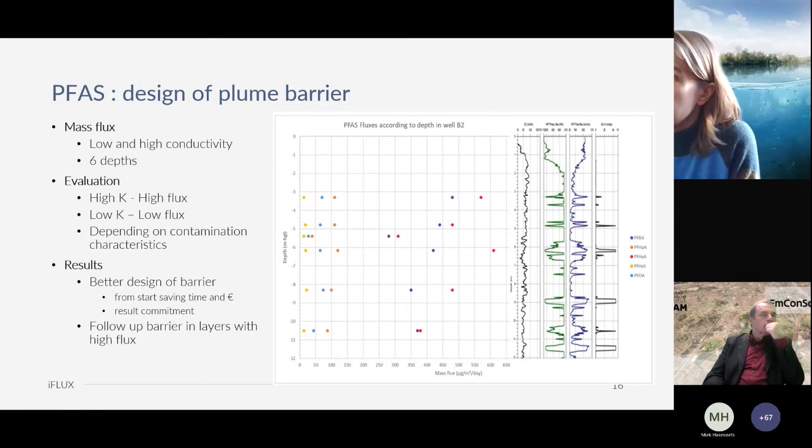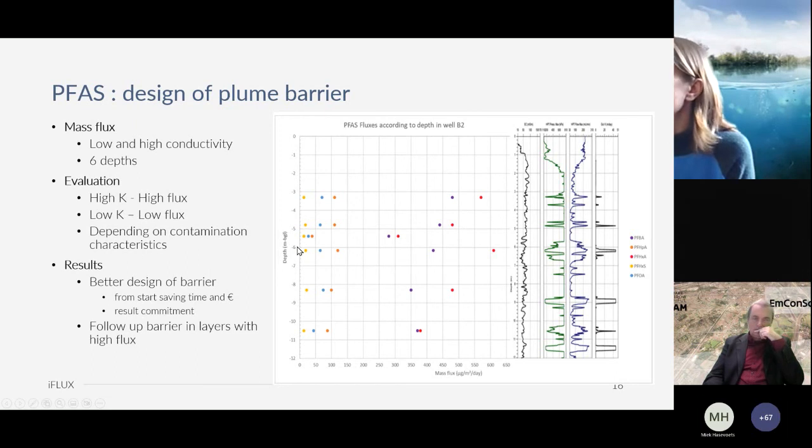As you can see, the fluxes vary with depth, and as expected, high fluxes are measured at zones with high hydraulic conductivity. But it's not always related to the conductivity. The fluxes can also depend on the amount of contamination and the characteristics of the contamination.